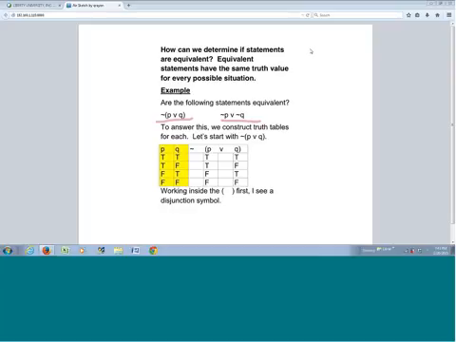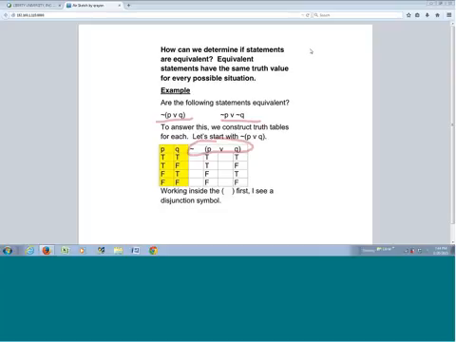So let's start with the first one, which is negation P with the disjunction symbol and Q. So I filled in the P column, filled in the Q column, and as usual, we have to work inside the parentheses first.